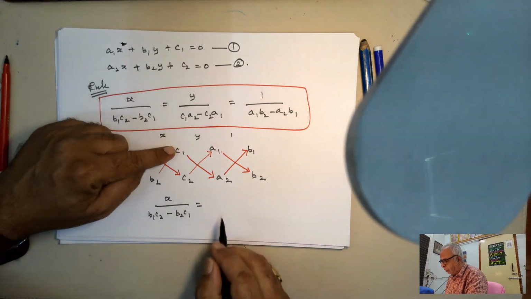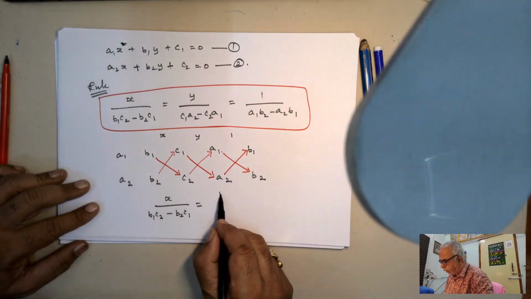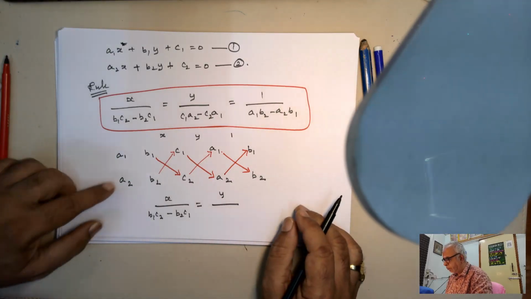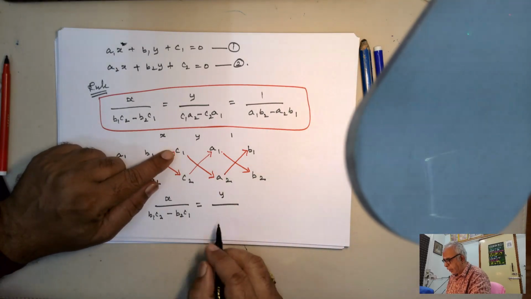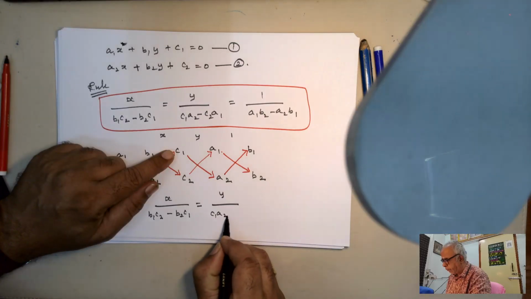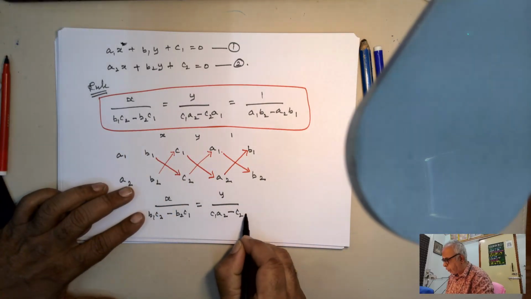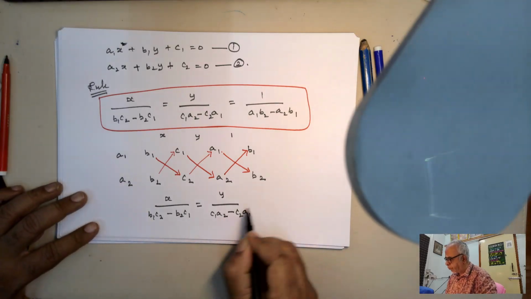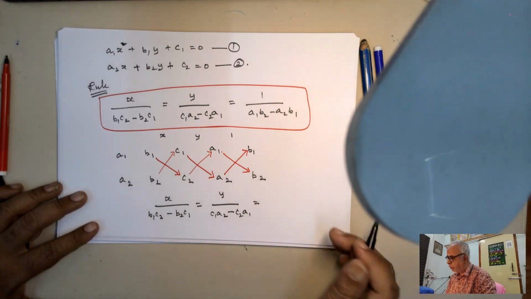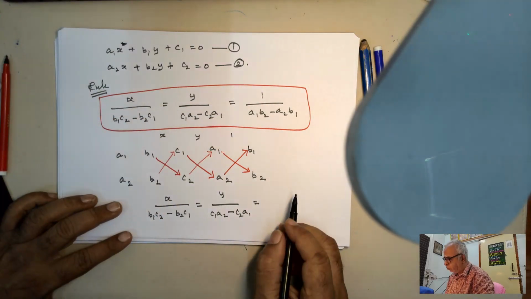and then Y. So Y divided by C1 A2 minus C2 A1, is equal to, and what about the third one?